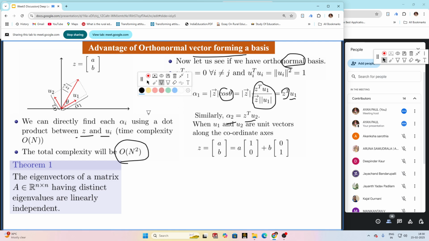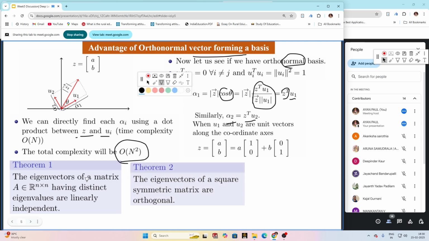For this we have two theorems associated with this. The eigenvectors of a matrix belonging to this n cross n space having distinct eigenvalues are linearly independent. Now if I combine the two concepts, first we have discussed eigenvectors and eigenvalues. Now all these eigenvectors of a matrix belonging to n cross n space having distinct eigenvalues are linearly independent.